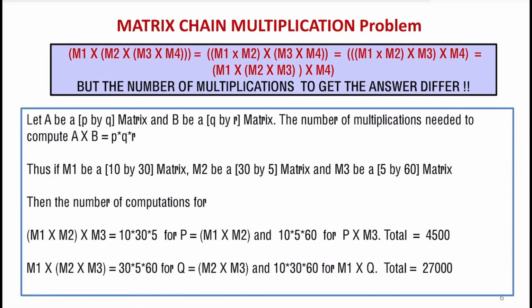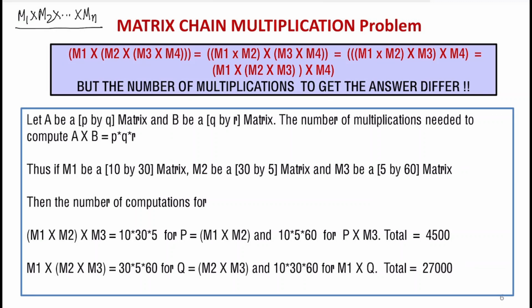We now come to our first problem, which is the matrix chain multiplication problem. The matrix chain multiplication problem is stated as follows: we have a series of n matrices M1, M2, up to Mn to be multiplied.